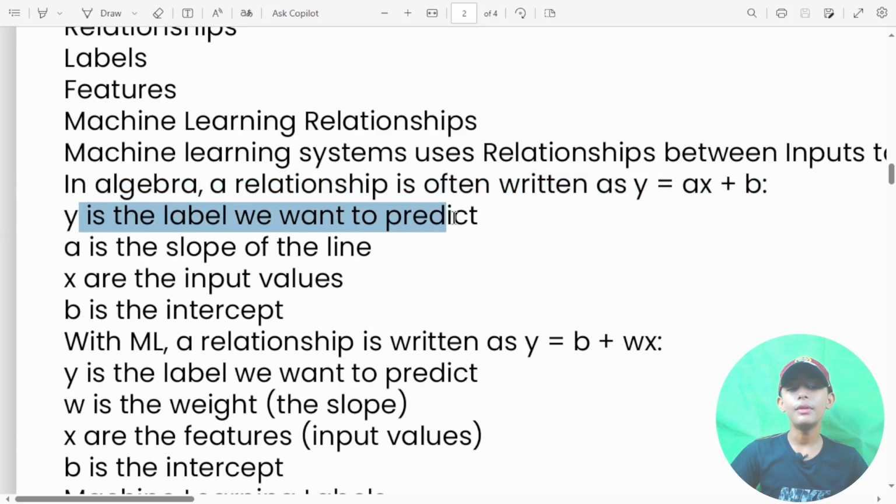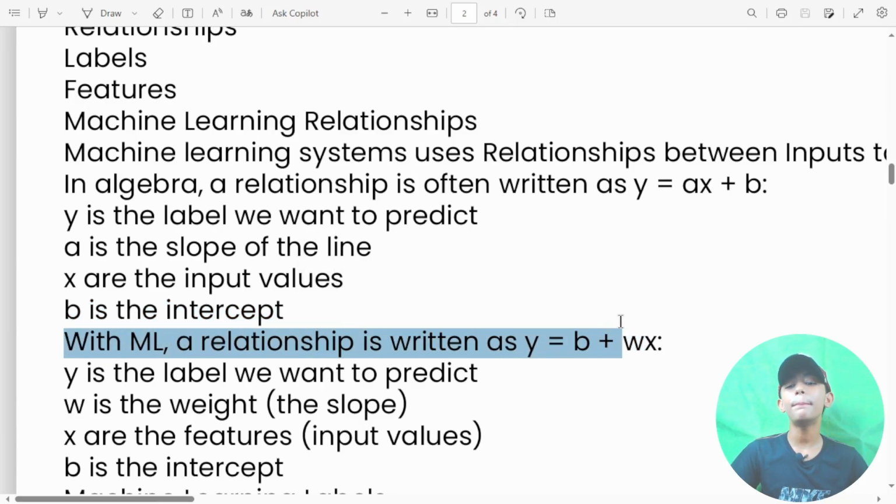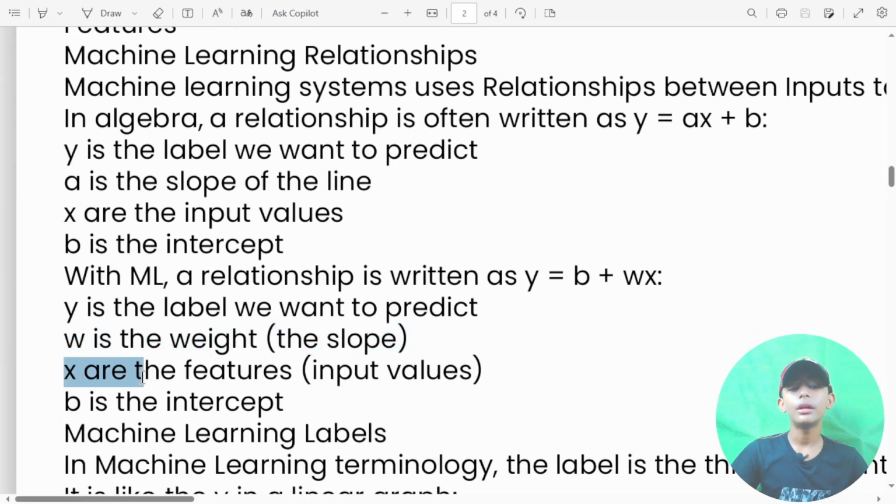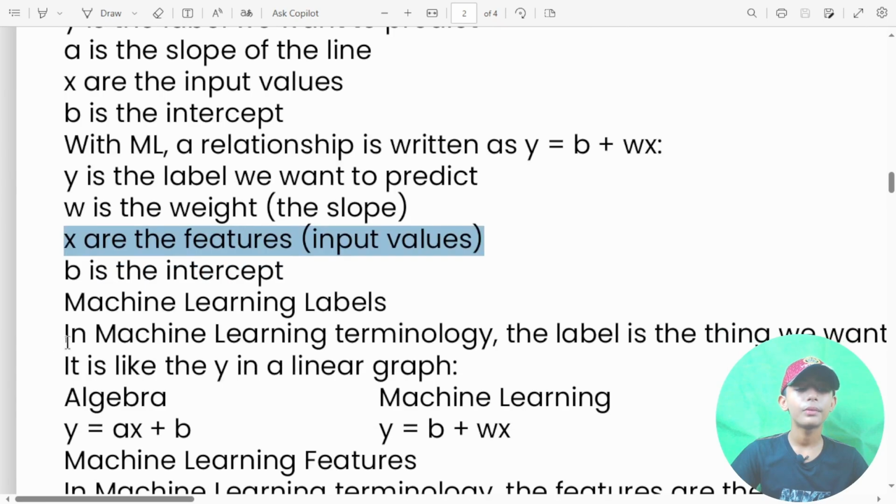Y is the label we want to predict, a is the slope of the line, x are the input values, b is the intercept. With ML, our relationship is written as y = b + wx. Y is the label we want to predict, w is the weight, the slope, x are the features, the input values, and b is the intercept.